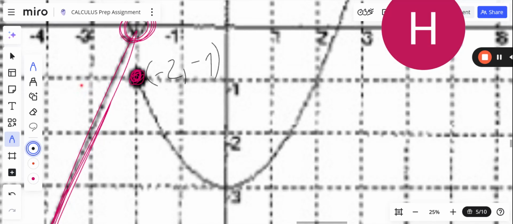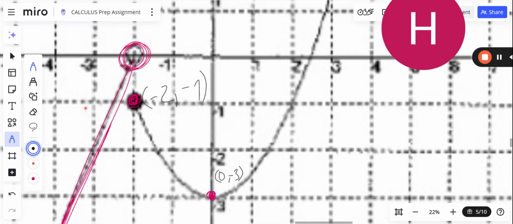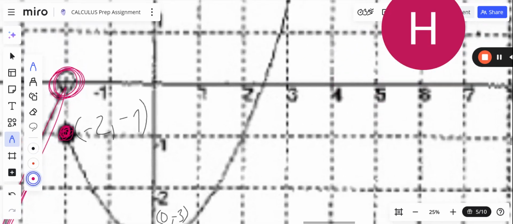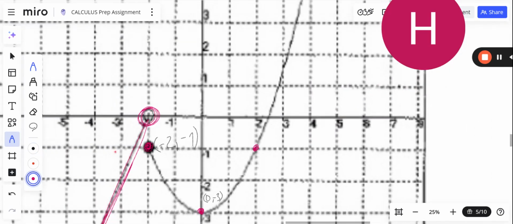It has a y-intercept here at 0, -3. And we see that, of course, it crosses through a symmetric point, +2, -1.